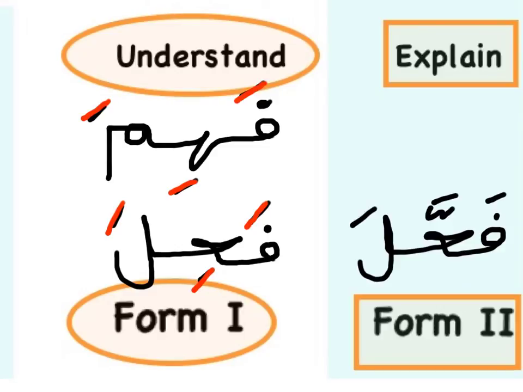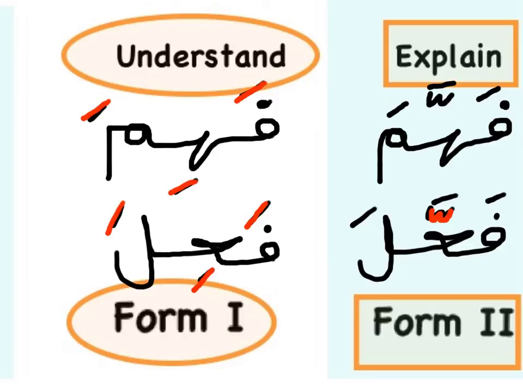Again, the signature shadda for form 2, when someone is doing the action of making someone do something, like understand. So it becomes فهّم, where someone is making someone understand, someone is explaining something. Explain, we have it here. So again فهّم.